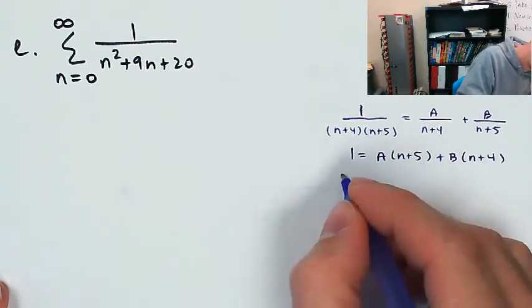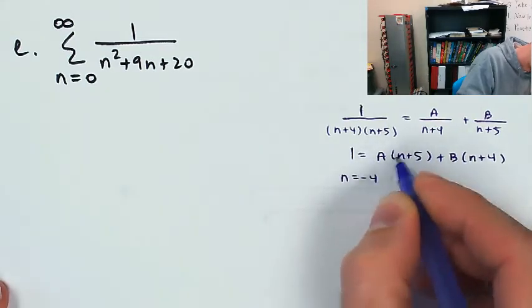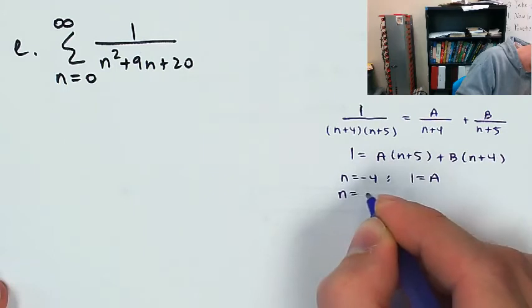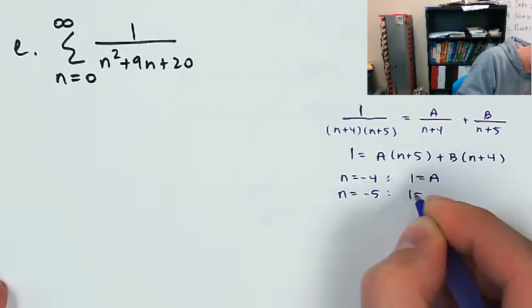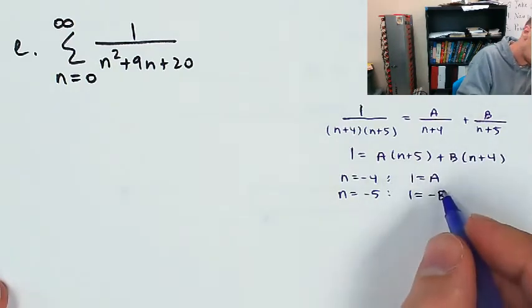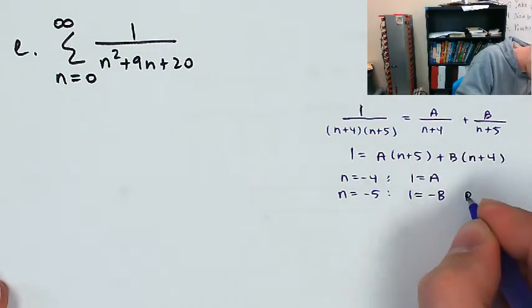Let n equal -4. That gives me 1 equals a. Let n equal -5. That gives me 1 equals -b. So b equals -1.